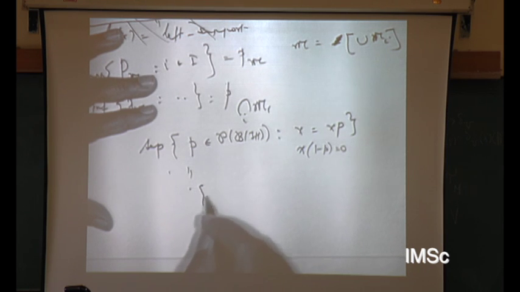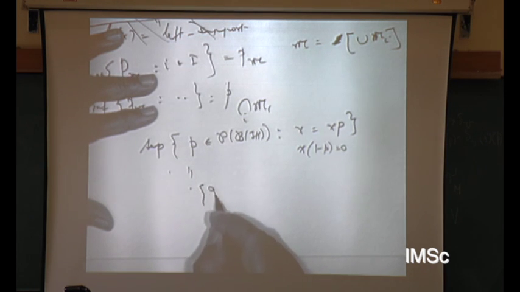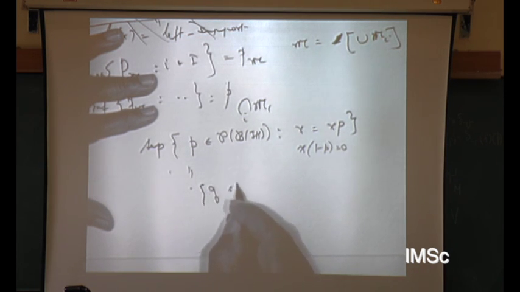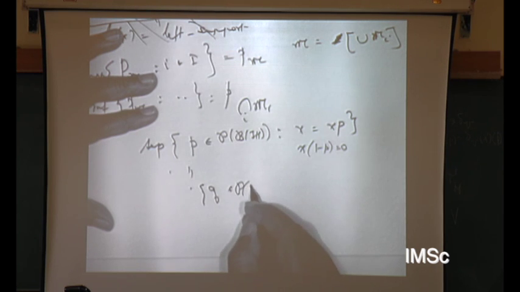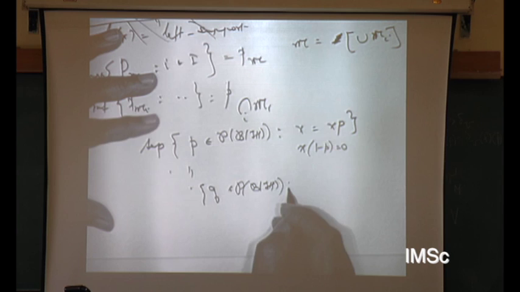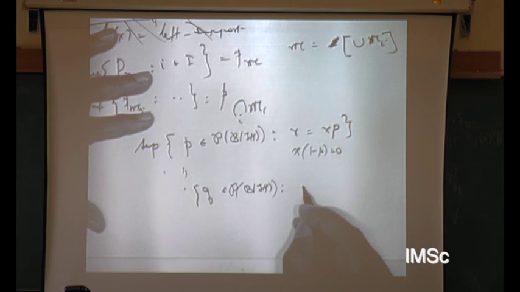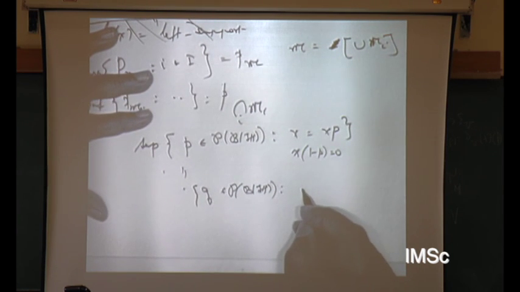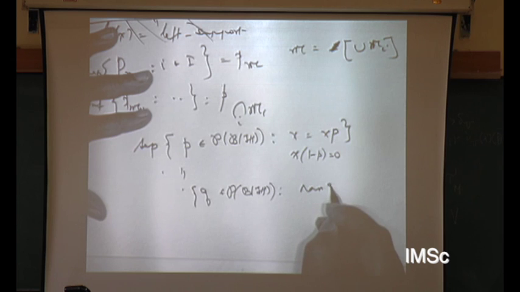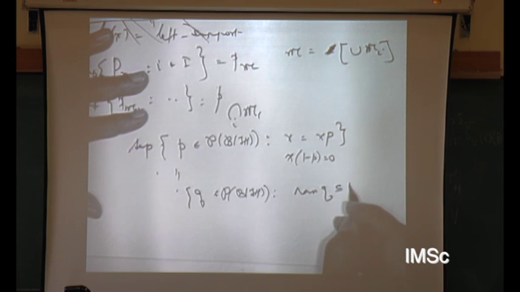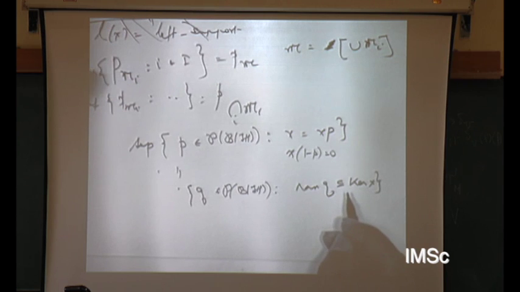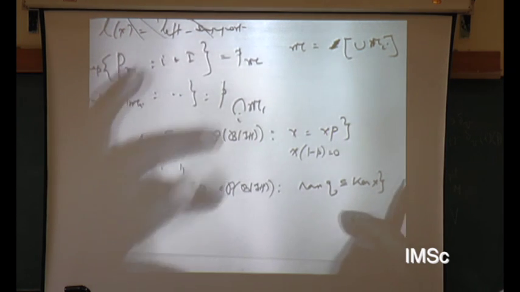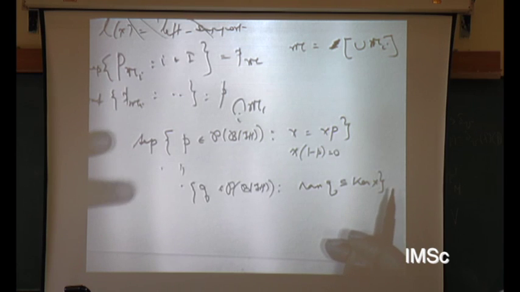So first take all Q with the range of Q contained in the kernel of X. That means XQ is 0. Take all those things, those are the P perps.